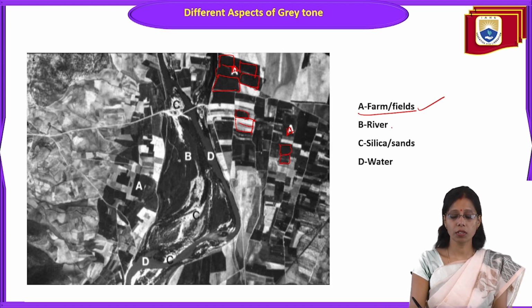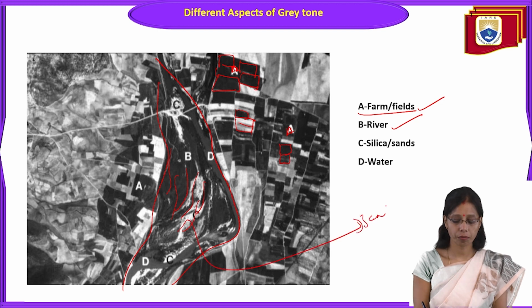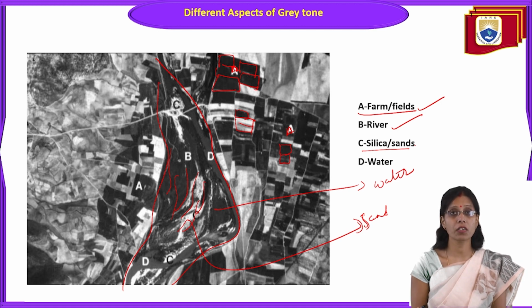Okay. Now you see river. River will be somewhat an irregular feature. So B is the river. The river is spread from here to here, right? So this is the river boundary. It's like a water body here, and the white color what you can see here is sand. This is sand, this is water, and this is the river part. Now see here, you see silica or sand. As I told you, it is either silica or sand.